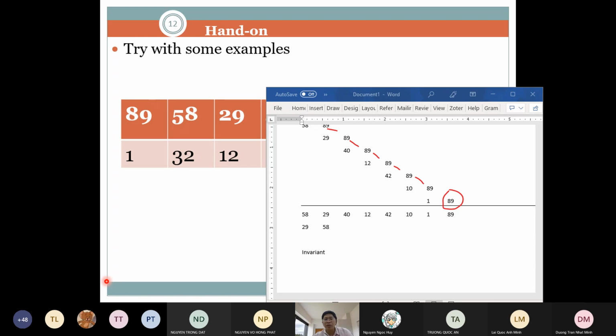After each iteration, let's say for the first iteration, we have 89 at the last position. So what we have is that for the first iteration, the largest item will be in the sorted position.